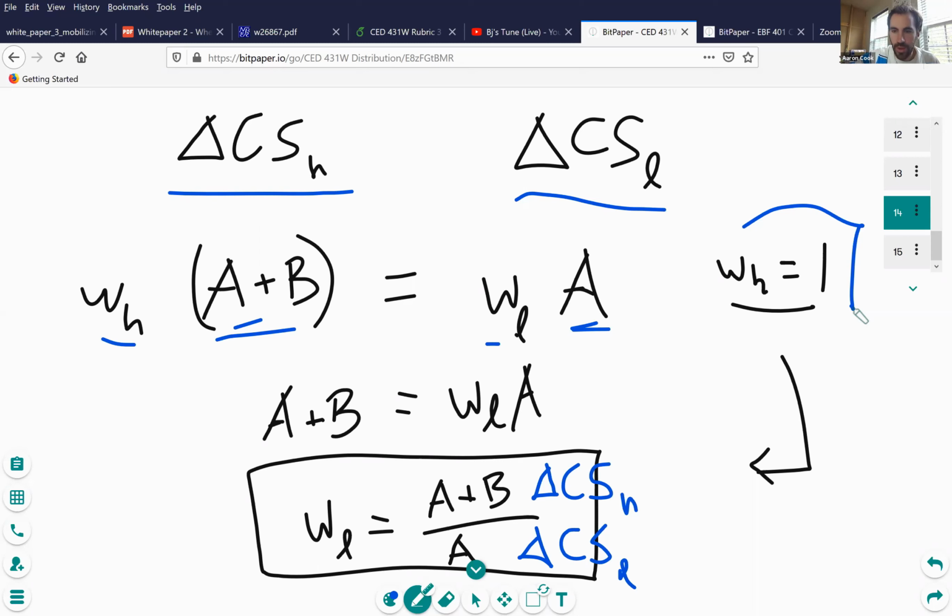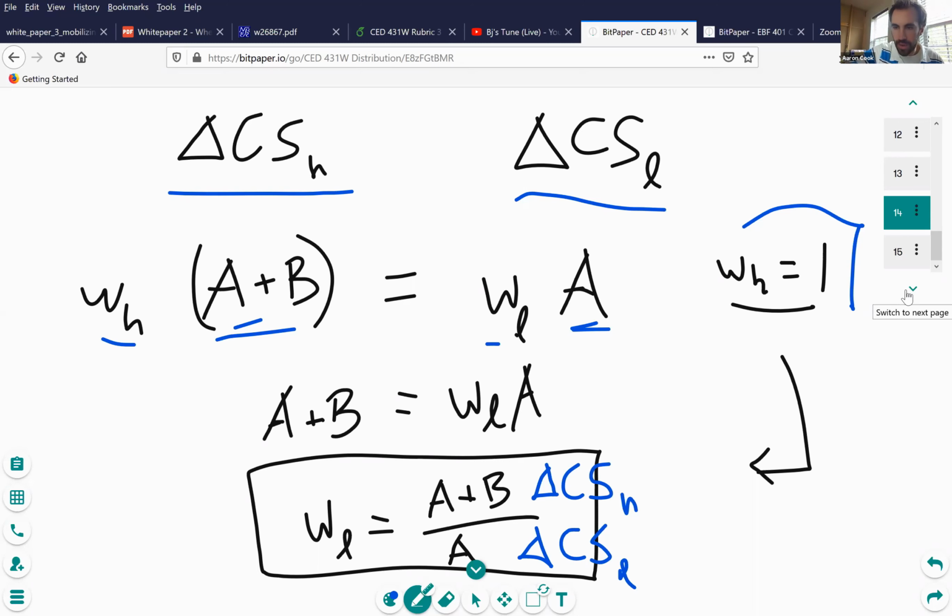So you'd have WH in this case equal to 1, WL equal to A plus B over A. Okay, that's one possible way of doing this to satisfy this one person, one vote criteria.